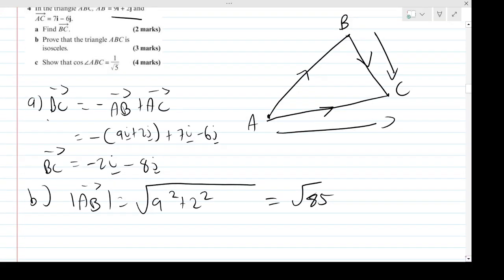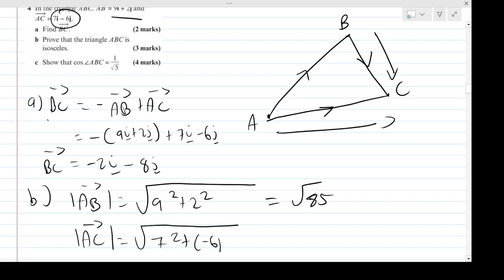And then the other side, AC. AC is 7i minus 6j, so it's going to be root 7 squared add minus 6 squared, which would get me root 85. Well, that's great, because now we know that two sides are equal.